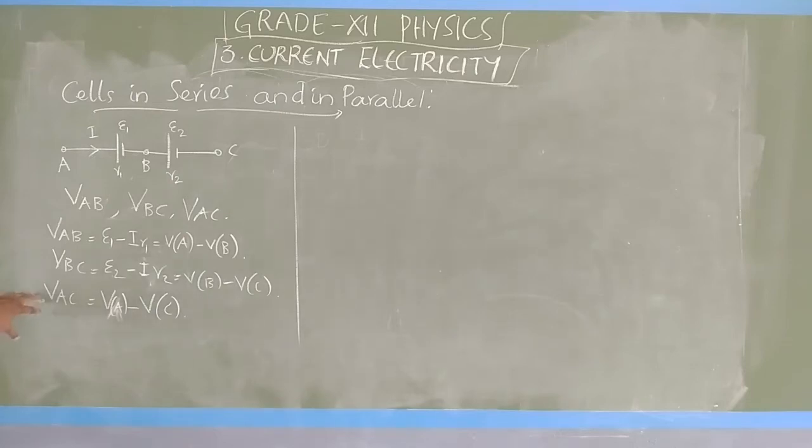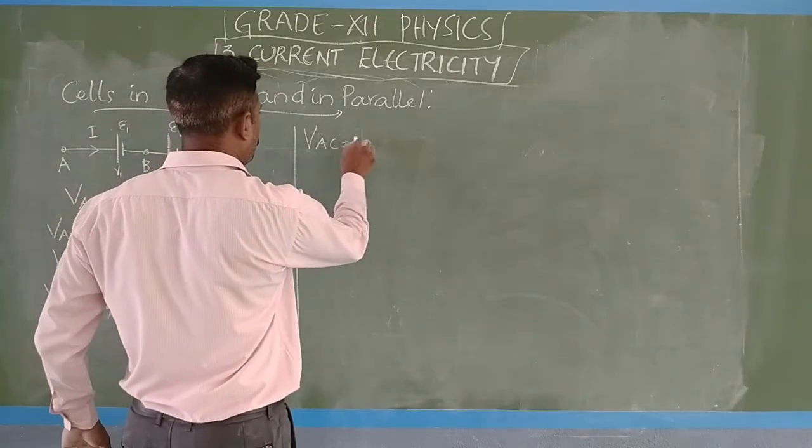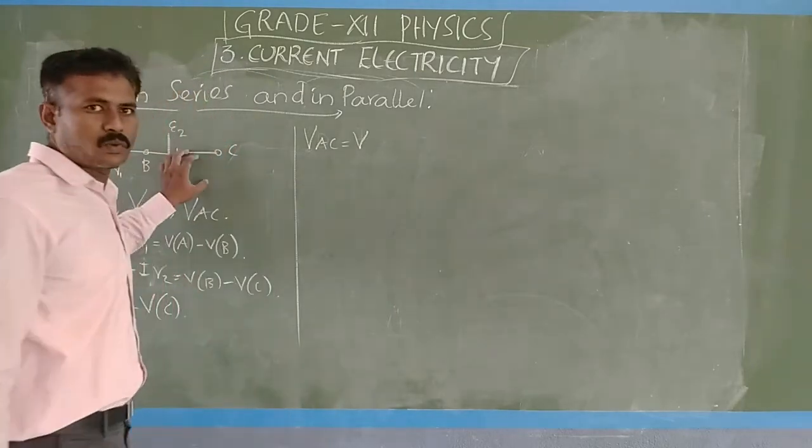So I will add this VAC. VAB plus VAC is what? So sum of the voltages only.